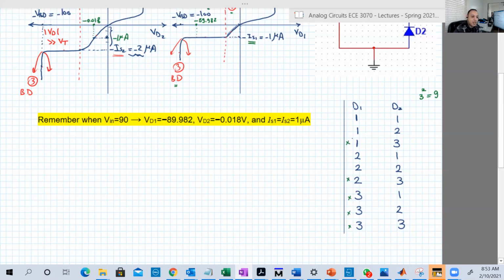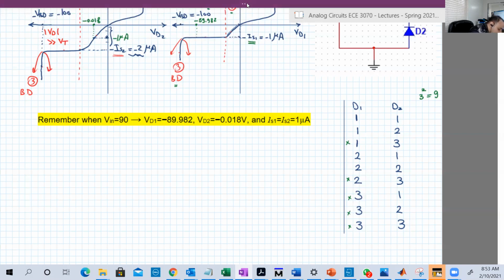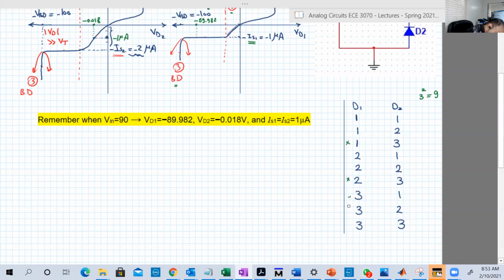So we will get back to our possibilities, and one of those might be correct. And as I said in the last lecture, guys, most of the time you can guess the correct combination just by analyzing the inputs that you have.